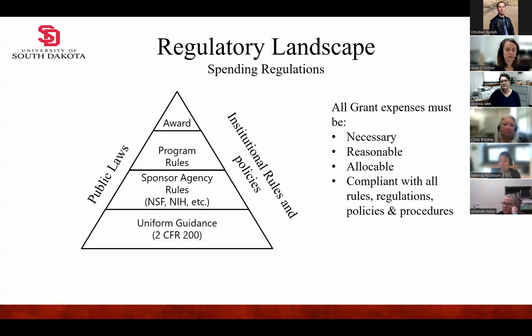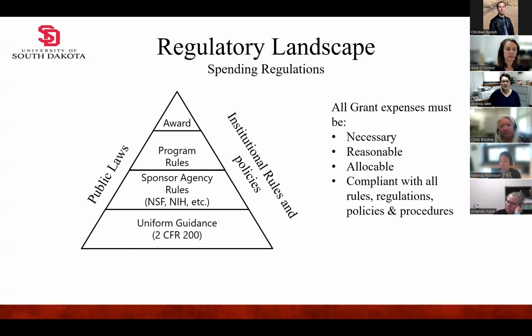And of course, awards are given to the university, but they are managed by the PI. And it is the PI's responsibility to make sure that all these rules are followed, but also to get pre-authorization if needed, finding out before the expenditure occurs that it's allowable.